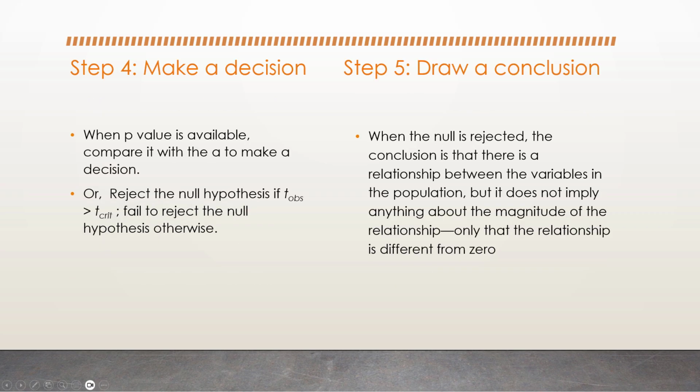Compare the observed t-value with the critical t-value, or compare p with alpha, to decide whether to reject the null hypothesis. If the null is rejected, we conclude that there is a relationship between the variables in the population. But this does not imply anything about the magnitude of the relationship, only that it is different from 0.